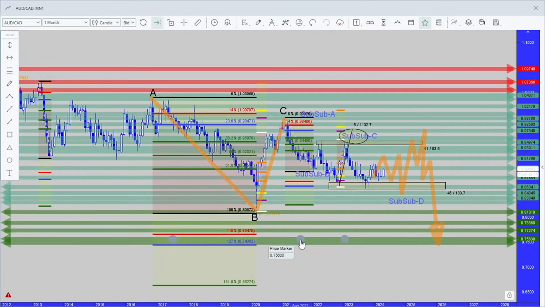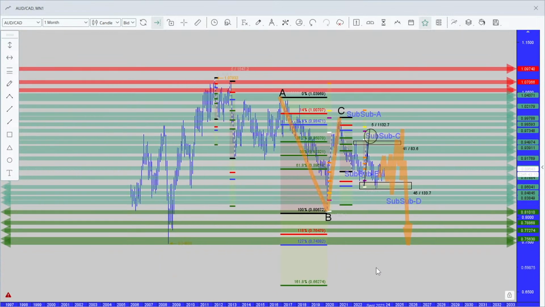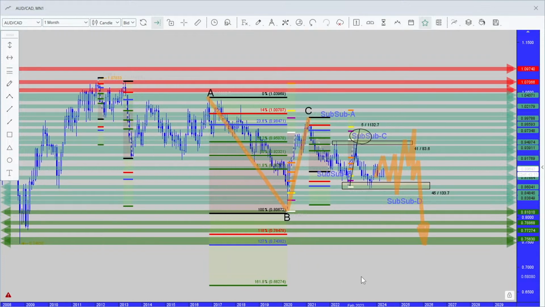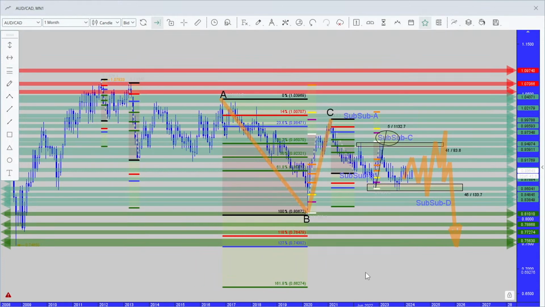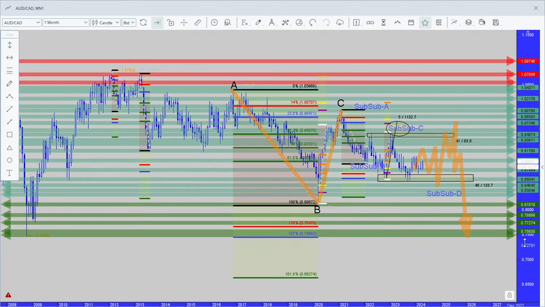See how this market works? How curious it is, everybody, that the market hit the blue level and the extension is on the blue level. Isn't this curious how this market works?